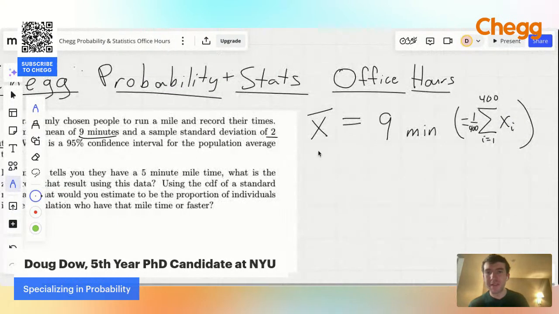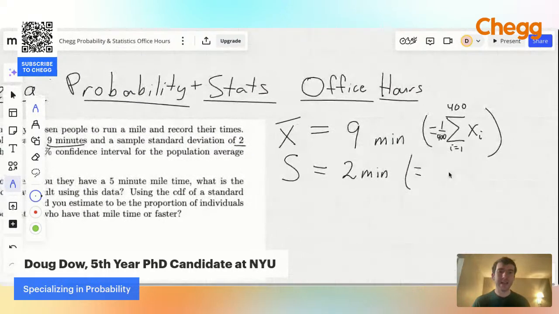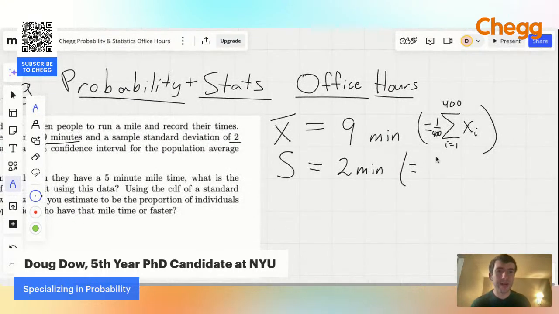We're also given that the sample standard deviation, let's call that S, is 2 minutes. If you're curious, the way that you calculate that is you take the average squared deviation from the average.